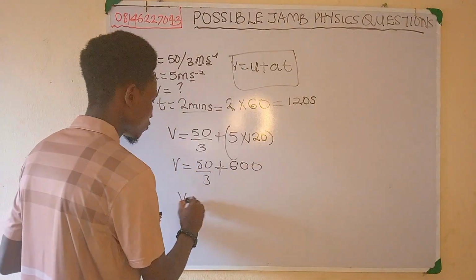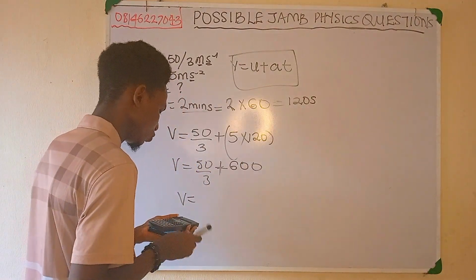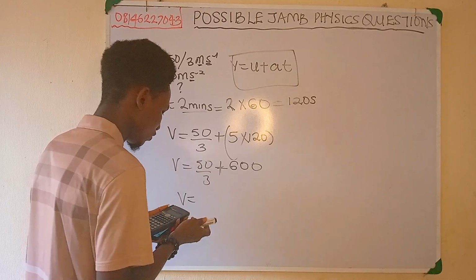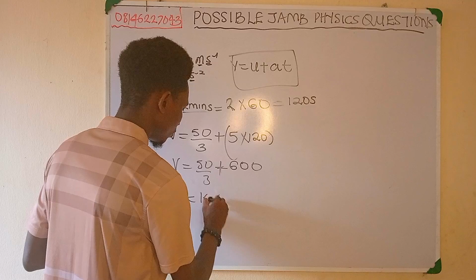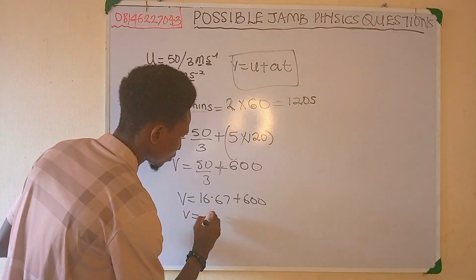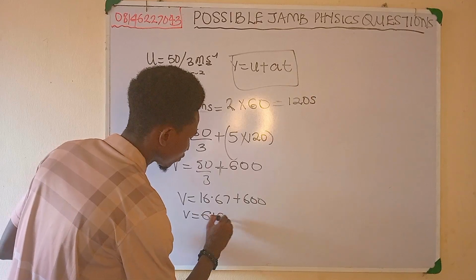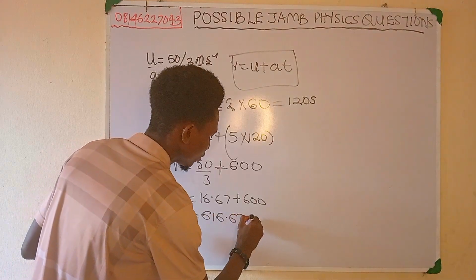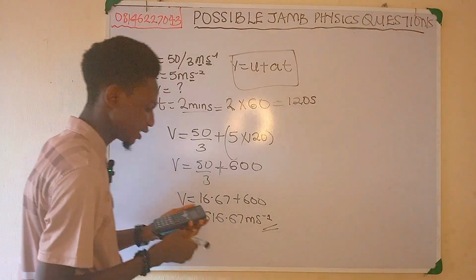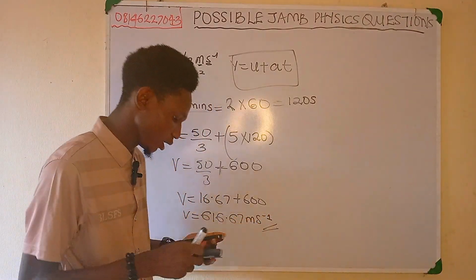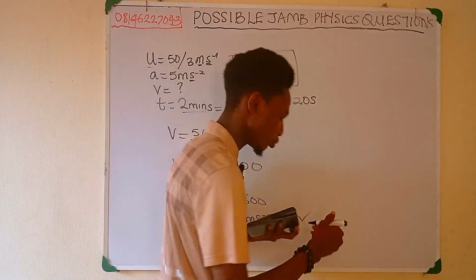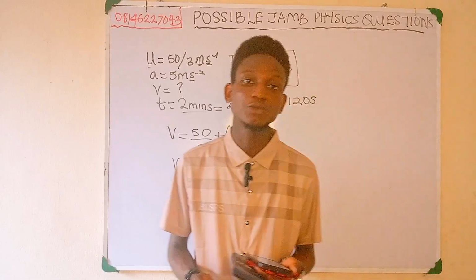Then v equals 50 divided by 3, which should give you 16.67. So we're going to get 16.67 plus 600, which gives you 616.67 meters per second. So this is the final velocity. I think that should be option A. Option A is correct. So you see how we solved it. Very simple. Just write out the parameters and know the equation of motion to use.